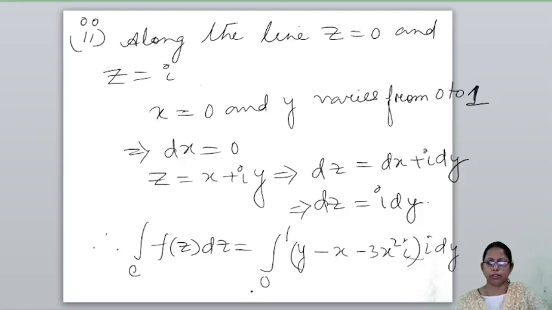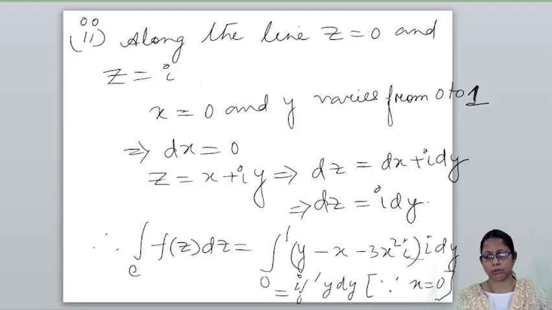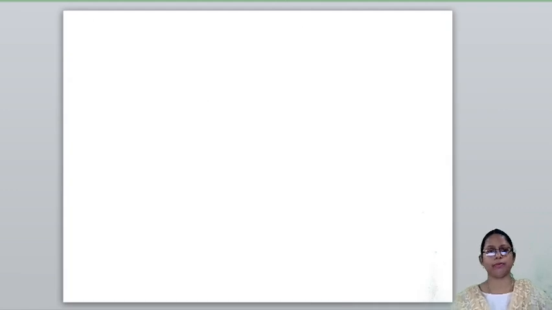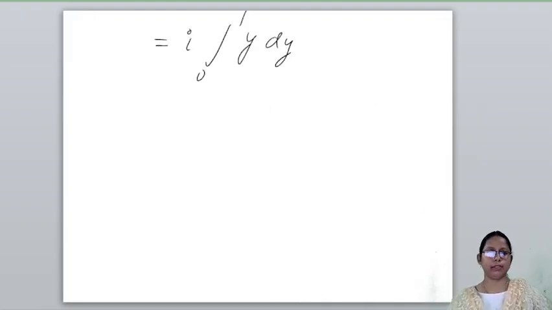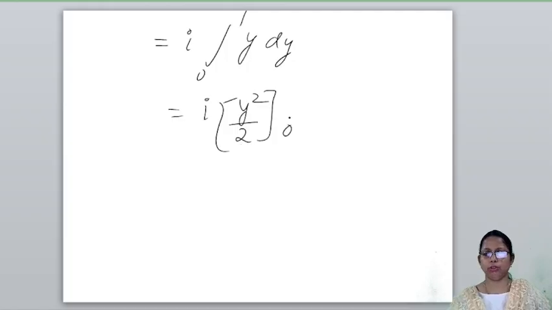So we get i times the integral from 0 to 1 of y dy, which is equal to i times y squared by 2 from 0 to 1, that is i by 2.